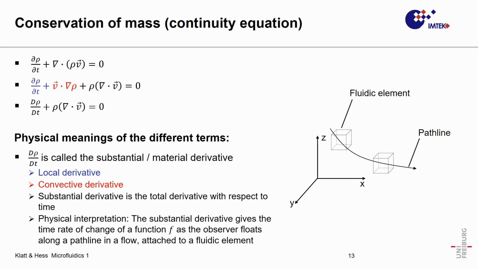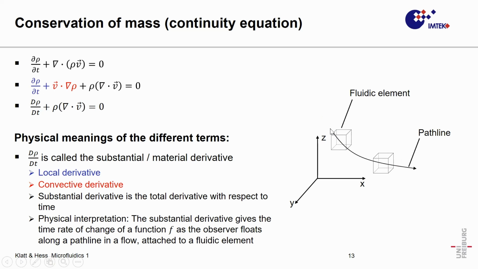The substantial derivative gives the time rate of change of a function f as the observer floats along a path line in a flow attached to a fluidic element. As an explanation, there's a figure on the right-hand side. Here you have a fluidic element, and this fluidic element is now not fixed in space. Instead, this fluidic element can follow a path line.